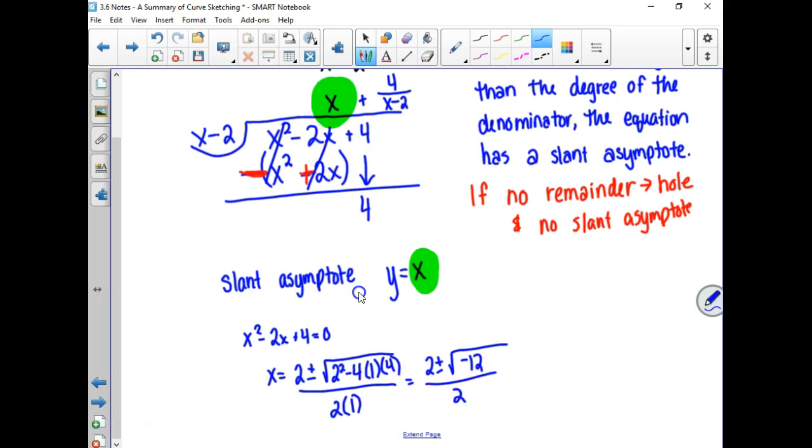This is imaginary, right? So since this is imaginary, can you graph something that is imaginary? You cannot. So this tells us that there are no x-intercepts. The x-intercepts that we have are imaginary, so you don't actually have any.